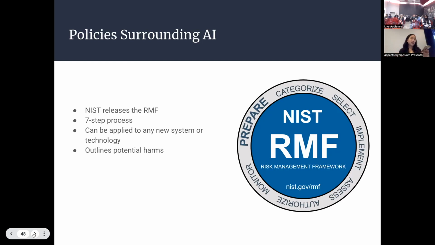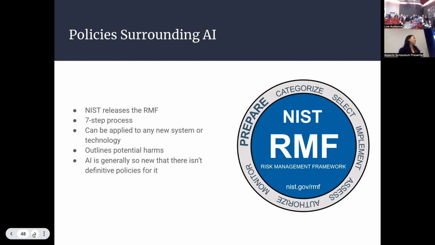The potential harms that it outlines are a person's liberties, harming the global supply chain, harming an organization's reputation, and just generally, AI is so new that there are no definitive policies on it. When I was doing my research, the RMF 2.0, which is the newest version of the risk management framework, came out, I think, in early January, so right when I was starting my research.